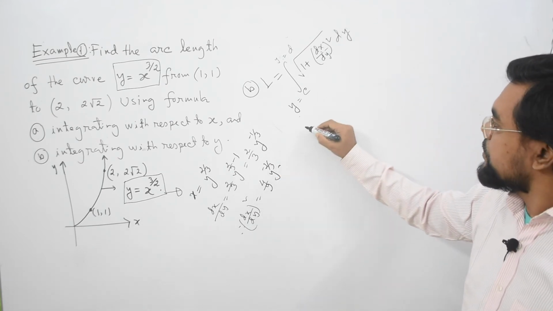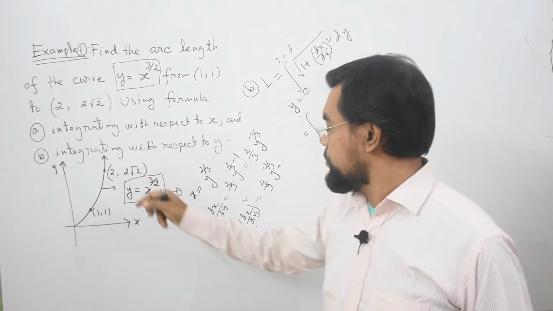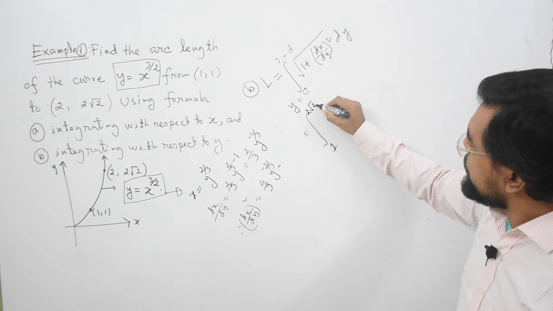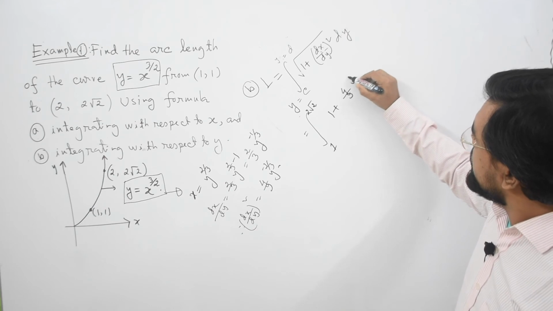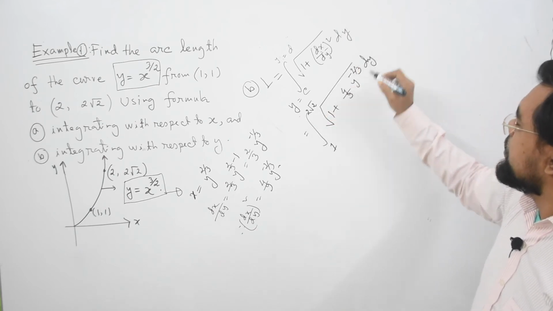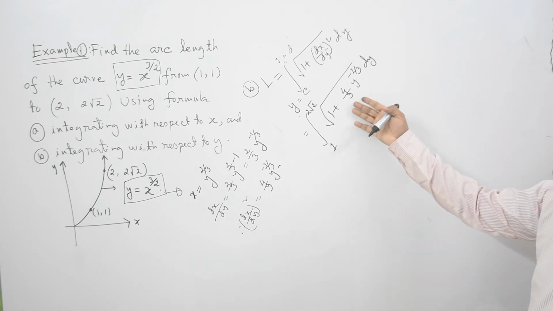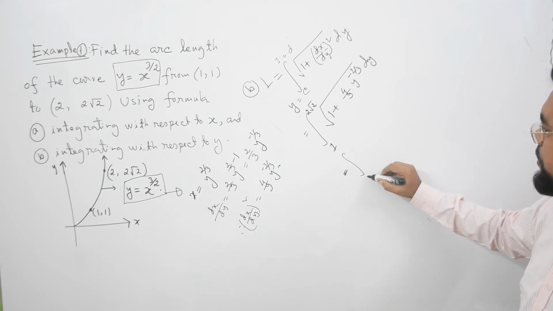So let me put this result here, and y starts at 1 and ends at 2√2. So the integral from 1 to 2√2 of the square root of 1 plus 4/9 y to the power minus 2/3 dy. And here first you need to simplify it.